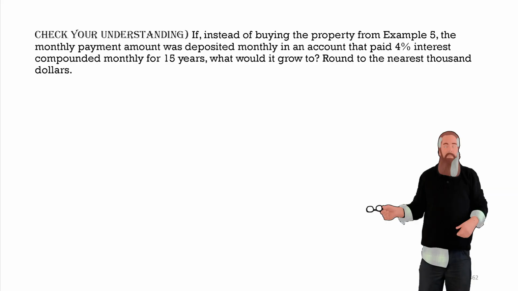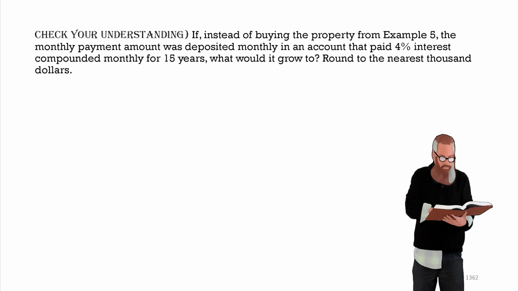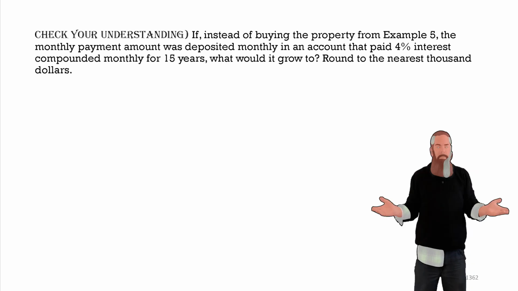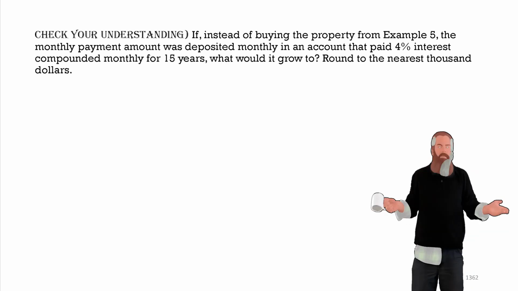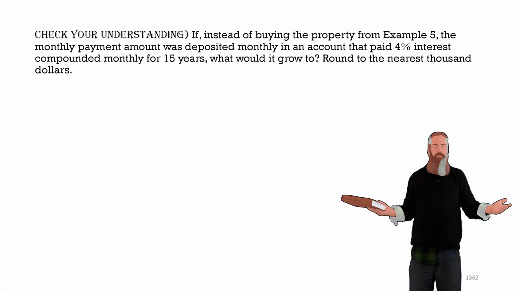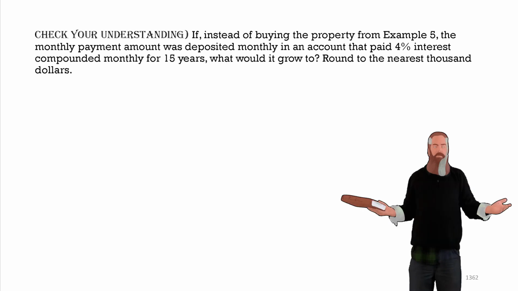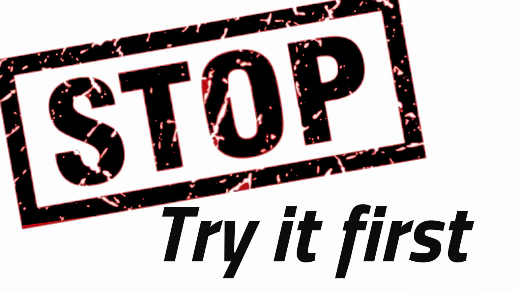Let's check your understanding by if, instead of buying the property from the last example, the monthly payment amount was deposited every month into an account that paid 4% interest compound monthly for 15 years. What would it grow to and round to the nearest $1,000?